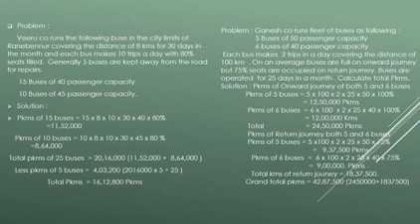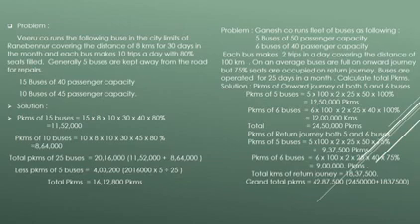Generally, 5 buses are kept away from the road for repairs. 15 buses of 40 passengers capacity, 10 buses of 45 passengers capacity.